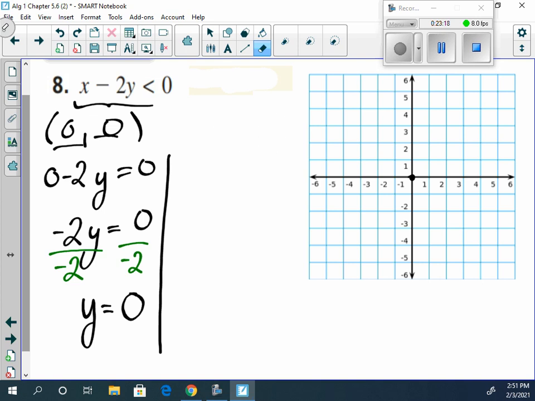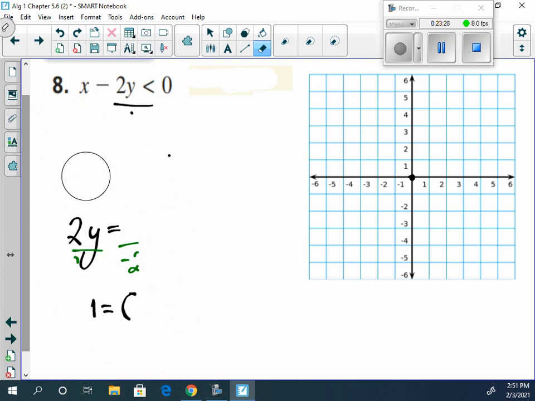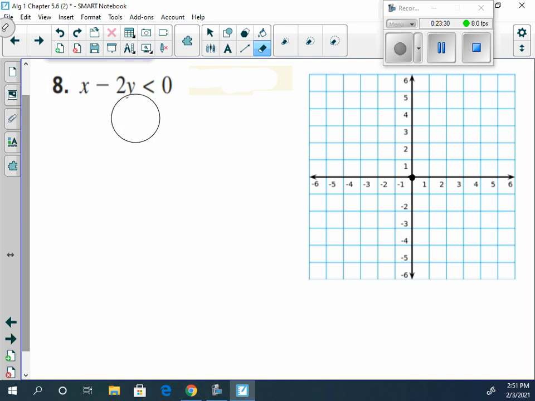So would that give us 2 points? No, it only is going to give us 1. So, now it still has a solution. We just can't use this to find the other point. We have to manipulate the equation.